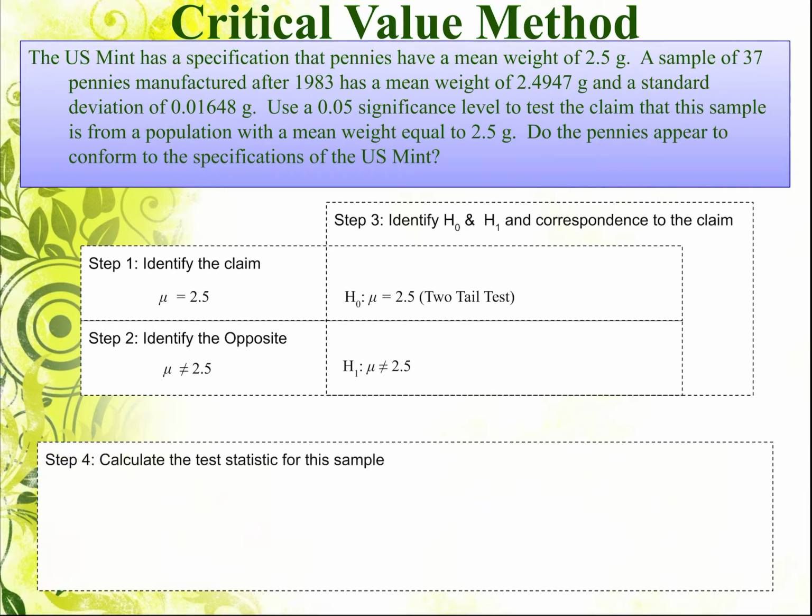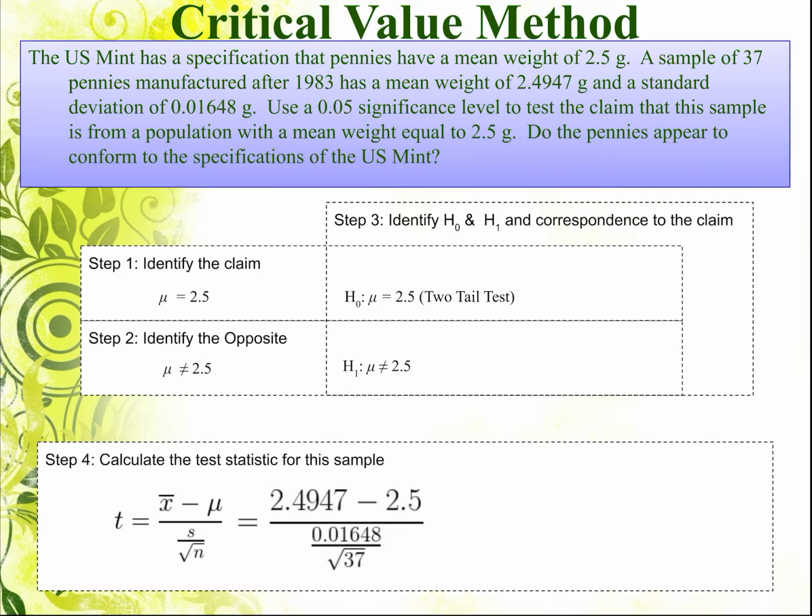Next step. We always need to find the test statistic, and this is the big difference between assessing the claim for a proportion versus a mean: now we're going to use the t test statistic that we were practicing a couple of sections ago. The formula is t equals the sample mean, x bar, minus the population mean, mu, divided by the sample standard deviation over the square root of n.